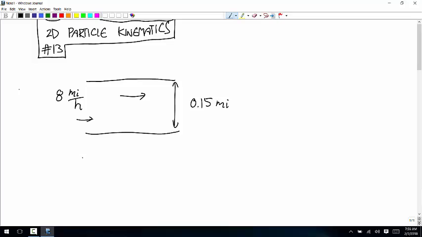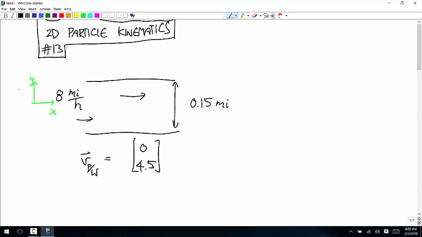So the velocity, if this is the coordinate system, the person is going to swim 0, 4.5, and that is the velocity of the person relative to the water.